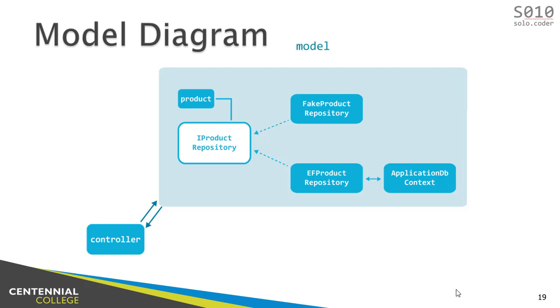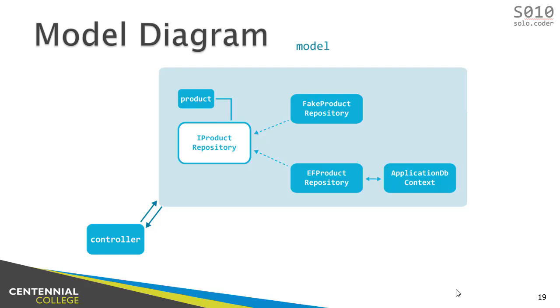Application DB context. When you hear this word context, it is again building a bridge between our repository and the actual repository in the database. This is a bit confusing at times, but the code that goes in here is not that large, it's not that much.